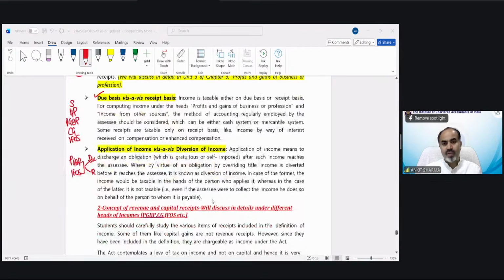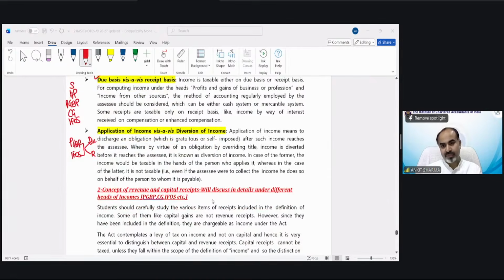Now application of income versus diversion of income. So application of income means to discharge an obligation which is gratuitous or self-imposed after such income reaches the assessee, whereas by virtue of an obligation by overriding title, income is diverted before it reaches the assessee. It is known as diversion of income.